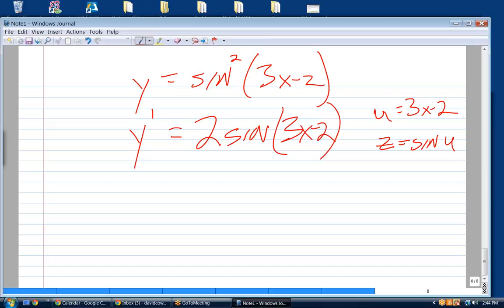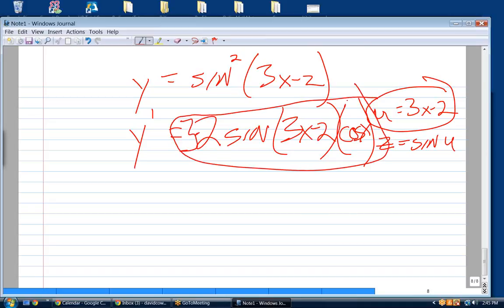One inside is sine u, so we need to multiply it by the derivative of that, so that's cosine x. And the other inside is that, so we need to multiply it by du dx, which is 3. So that's how we would do that. You have to apply the chain rule twice.